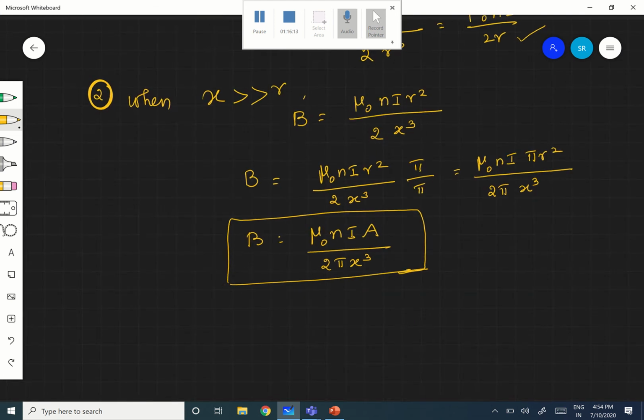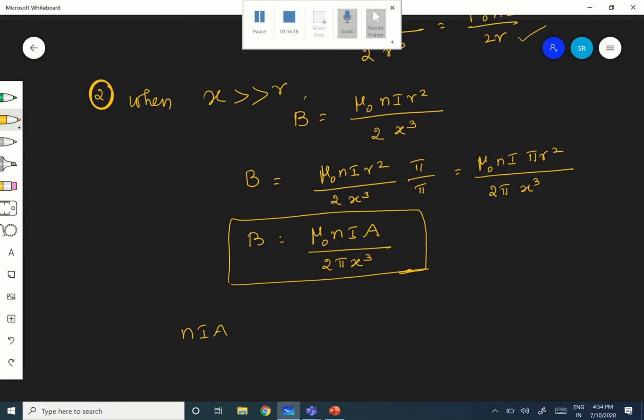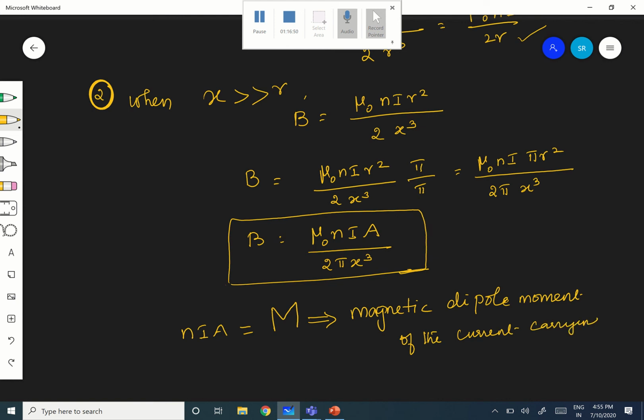Okay, here I have N I A. This is a very, very important term, that is capital M. Capital M is what is called the magnetic moment, the magnetic dipole moment of the current carrying coil.